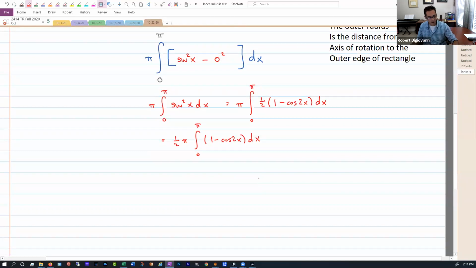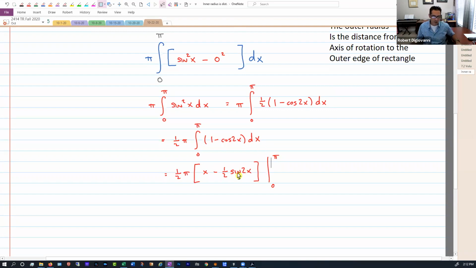Ready for the antiderivative now? Antiderivative of that should be x minus 1/2 sine 2x evaluated from 0 to pi.